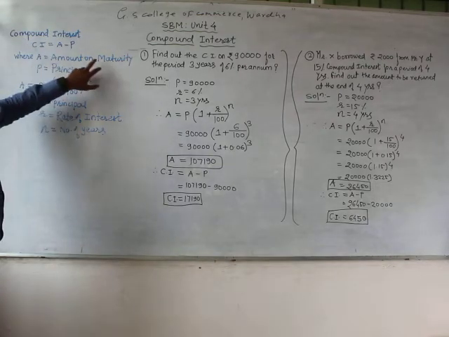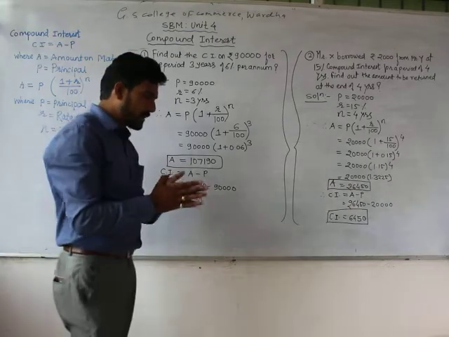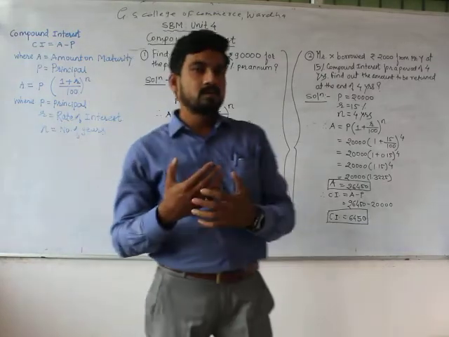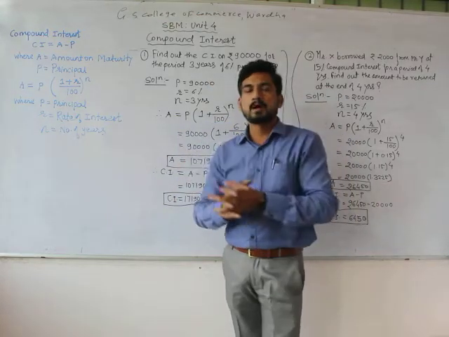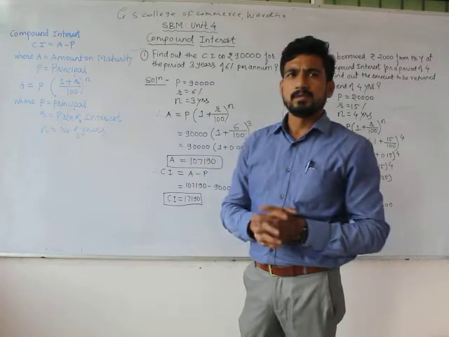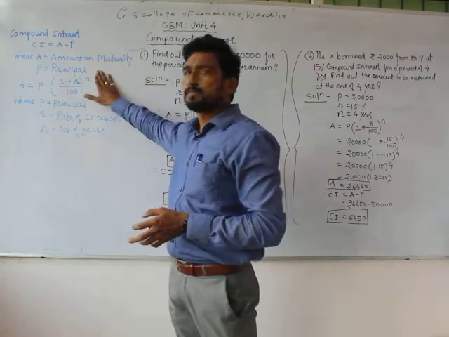So A equals amount on maturity. The amount on maturity means the amount that the person has to pay when the loan matures, when he reaches the last date of repayment of that loan. That is called the amount on maturity, and P stands for principal.